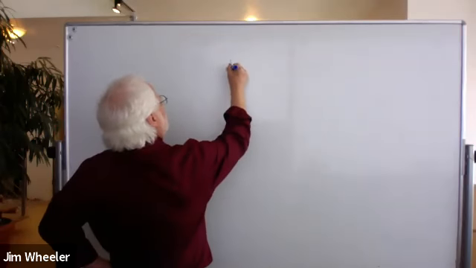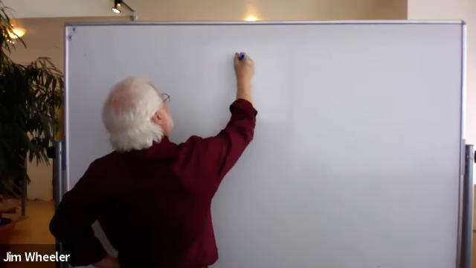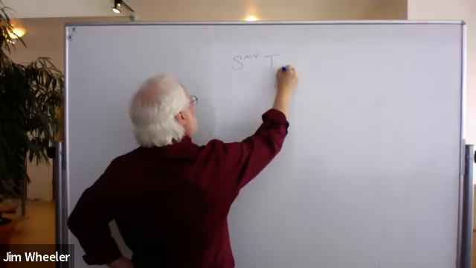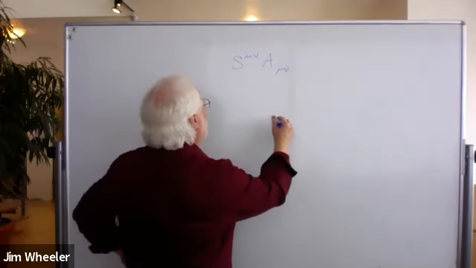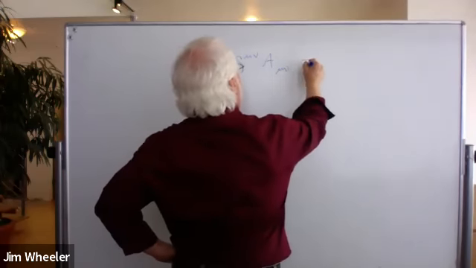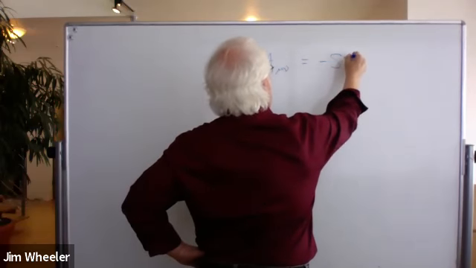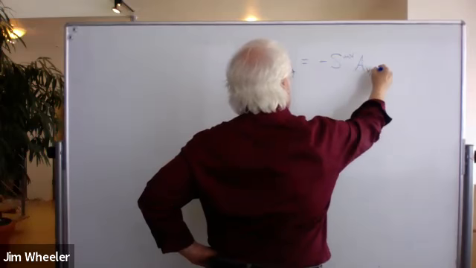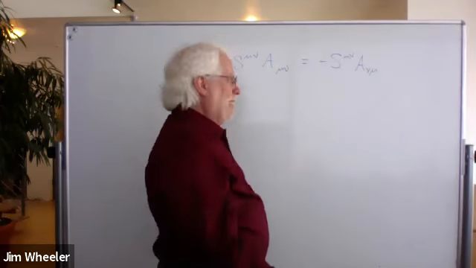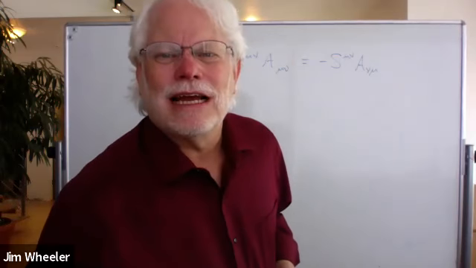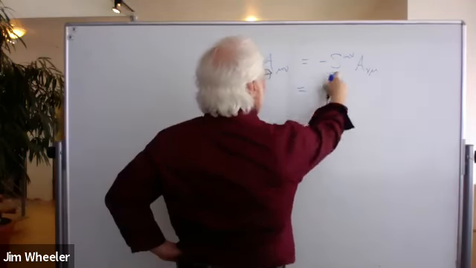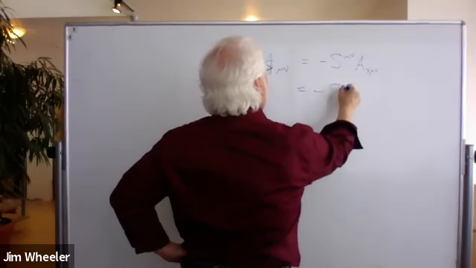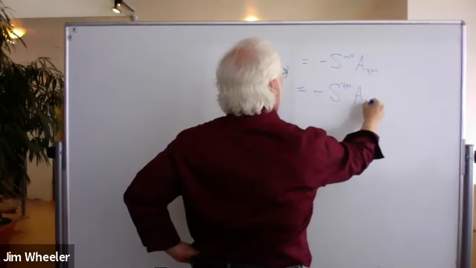Okay, so suppose we have a symmetric thing contracted with an anti-symmetric thing. So we can remember, this is equal to minus S^{mu nu} A_{mu nu}, right? And because this is symmetric, I can write this as S^{nu mu} A_{mu nu}.